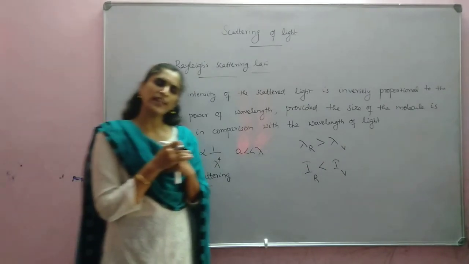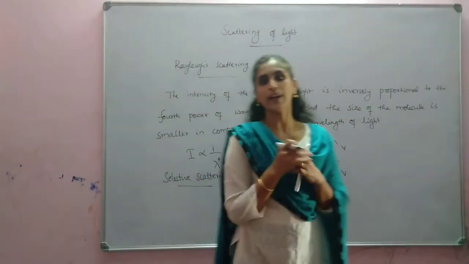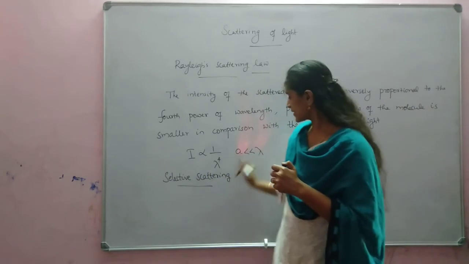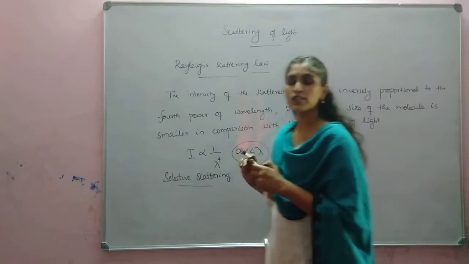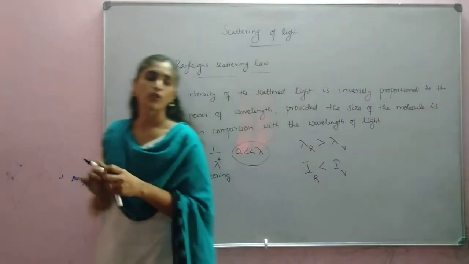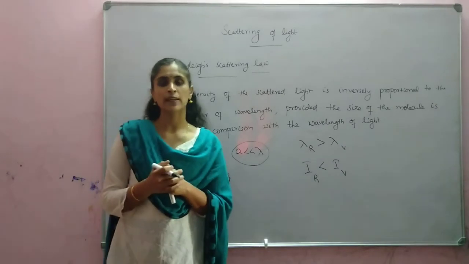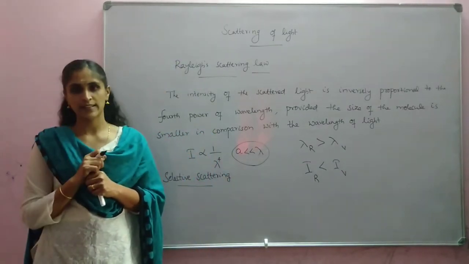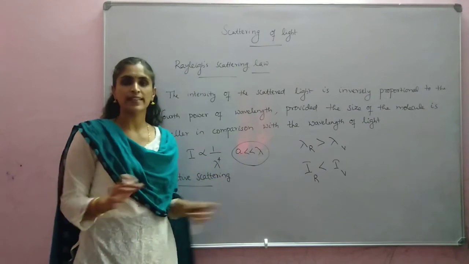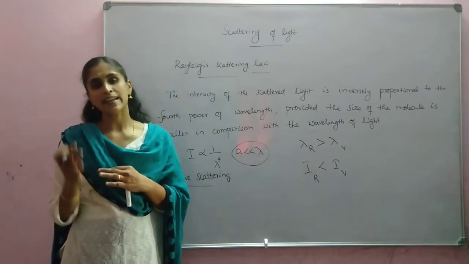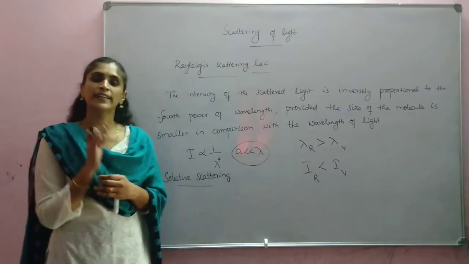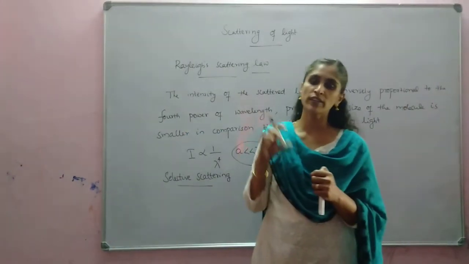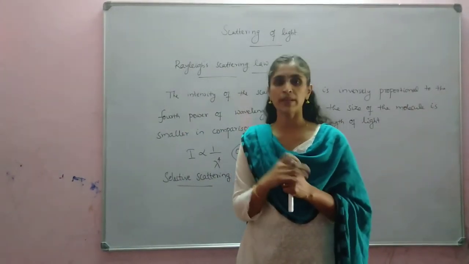But sometimes we can see the sky or clouds to be white in color. Why? Because selective scattering takes place only when the size of the molecule is much smaller than the wavelength. If the molecules present in the atmosphere are of larger size, if this condition is not satisfied, it will scatter all colors of light in equal amount, so that the person will receive all colors of light, because of which it appears white.